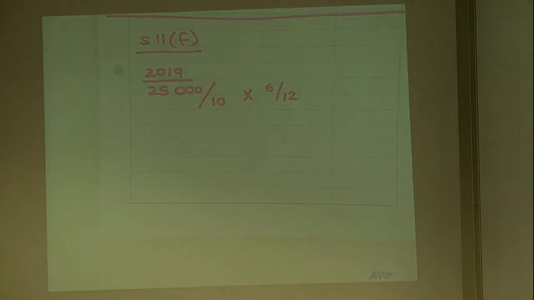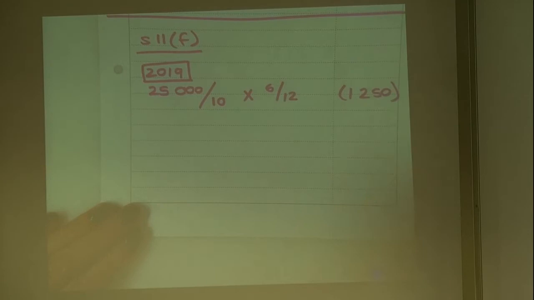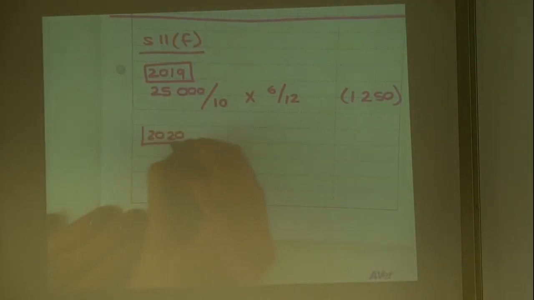And so if we work it out, our section 11F deduction will be 1,250 Rand in that first year of assessment. Now, in the next year of assessment, it becomes very easy because for the next couple of years going forward, the lease is going to be running for the full year.